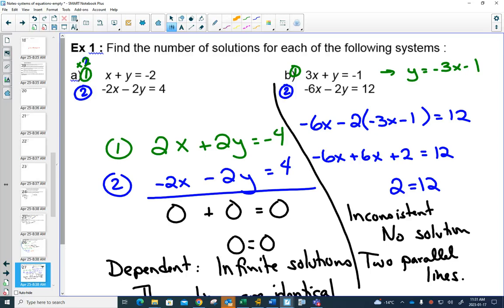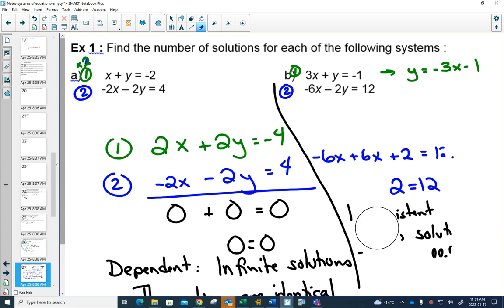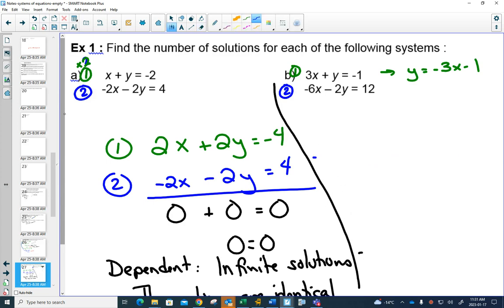So if I was using elimination, I would take equation 1 and multiply it by 2. Has everybody written that down? So if we did this with elimination, I would take equation 1 and multiply it by 2, giving me 6x plus 2y equals negative 2.